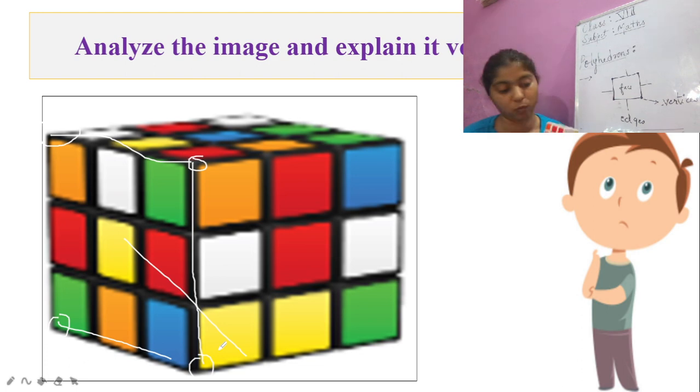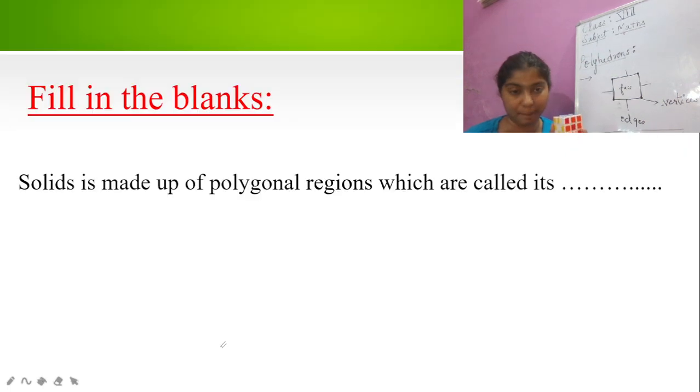This is face 1, face 2, face 3, face 4, 5, 6, 7 and 8, okay. It has 8 faces, right? And 1, 2, 3, 4, 5, 6, it is 6 faces, and vertices you have to count for each corner, okay. Yes students, so that way this is a polyhedron example.